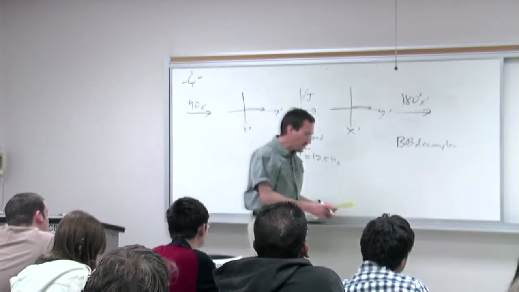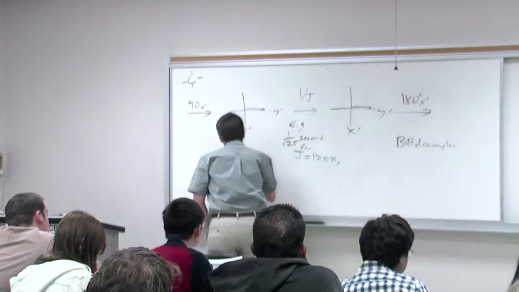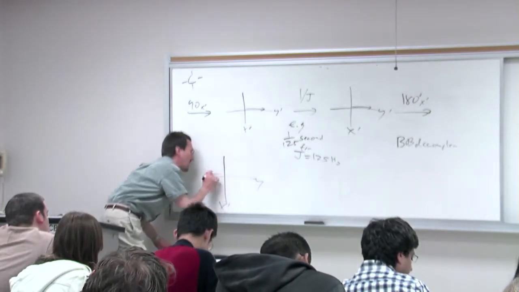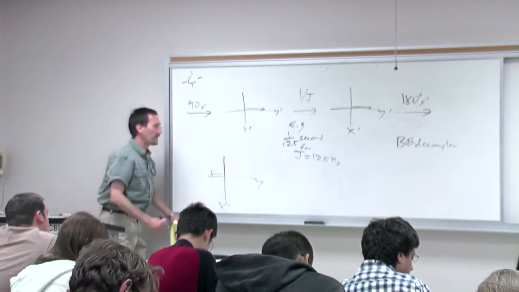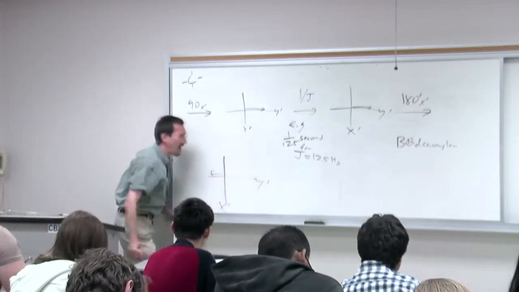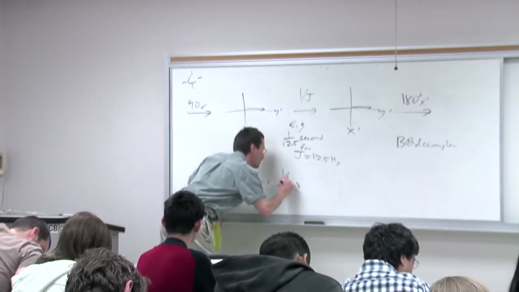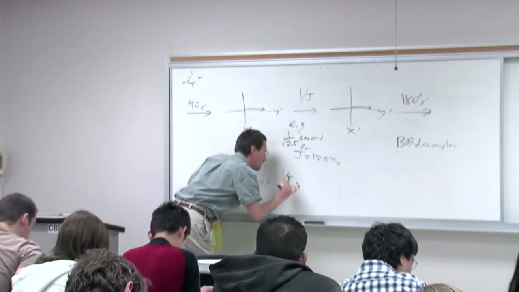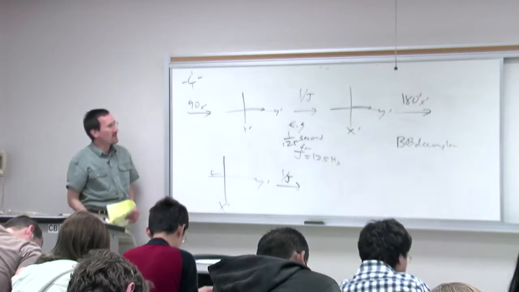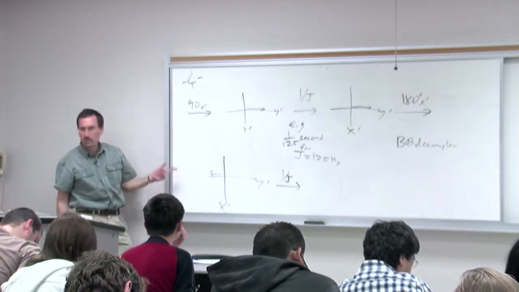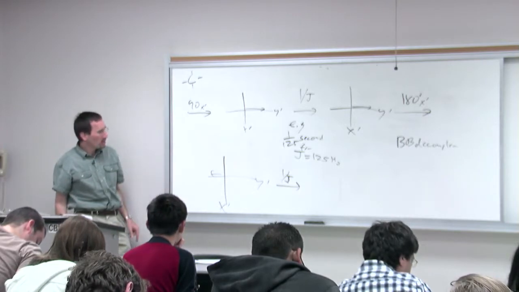OK, so at this point, your magnetization is along the negative Y prime axis. And then you're again going to wait 1 over J. So again, we're waiting 1/125th of a second if we're using this value of J equal to 125 hertz.